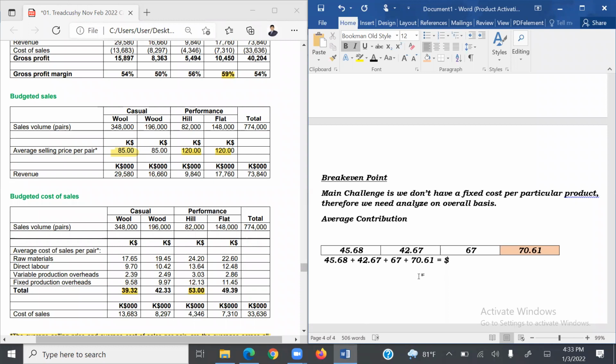Can you please tell me what is the total answer you are getting? Any questions you want, you can ask me, students. If you are fine with this, please let me know what is the total answer you are getting here. So the total answer is 225.96.